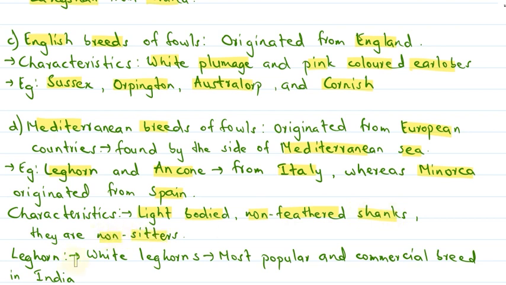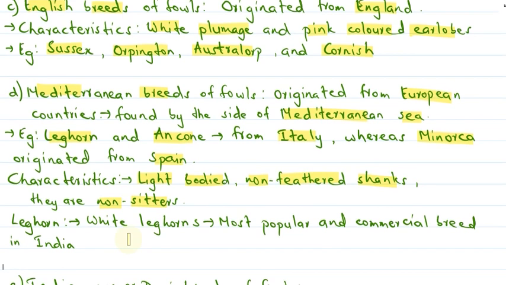Alright. So then we talked about Leghorn. So the white Leghorns are the most popular and commercial breed in India. These are white Leghorns. Okay. So the colors of plumage may be white, brown or black, and the fowls of this breed are small, compact, with single comb and wattles.